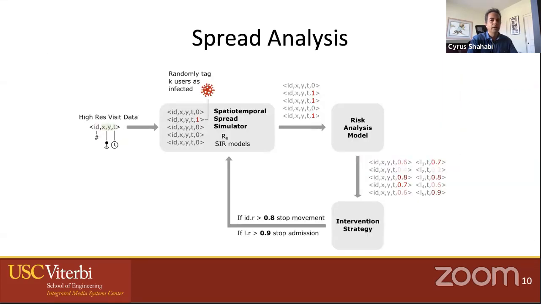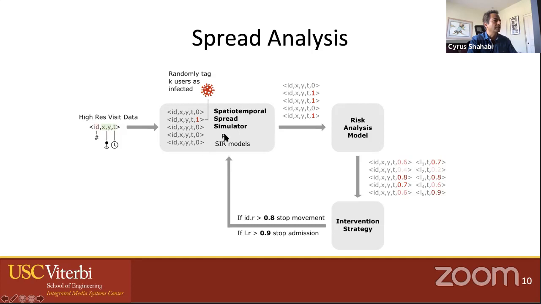Moving on, this is the spread analysis box. The idea here is that if you have this high resolution visit data, and a lot of companies collect this data, including Google and Apple, then you can generate simulations where you randomly make some of these people infected, and you know exactly where they went, and you have their location history.